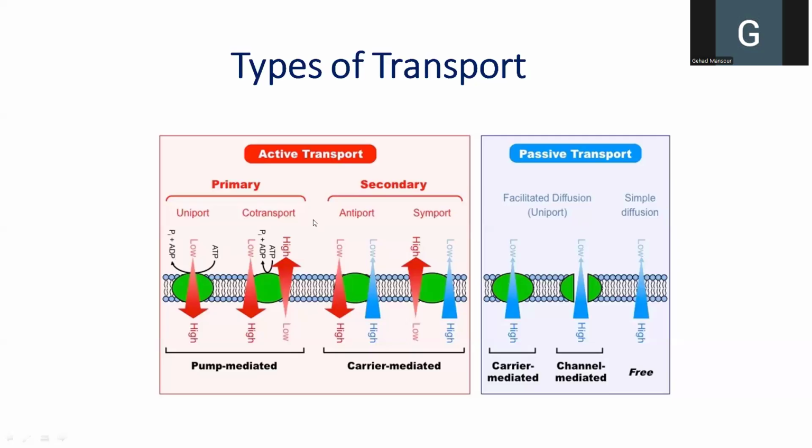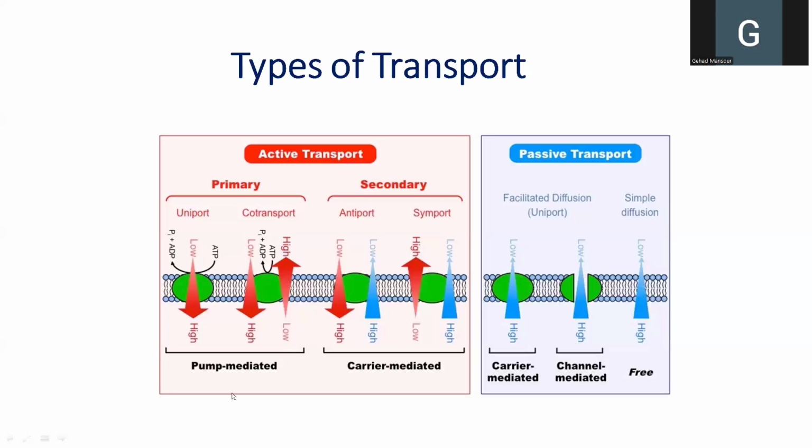The pumps that carry out co-transport will transport two substances at the same time. But in both cases, we will have transport from lower concentration to higher concentration, meaning that both types of ions, for example, are carried against concentration gradient.